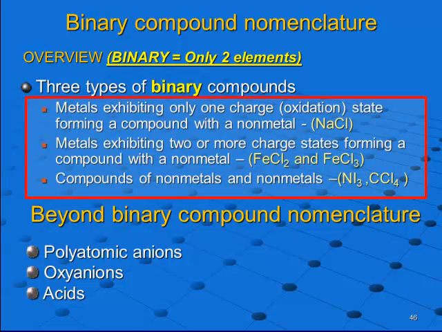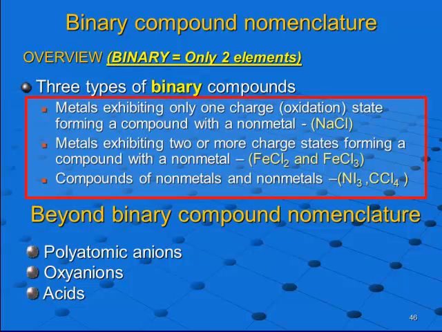So they're in one of three types. The metal will be a representative metal and therefore exhibit only one oxidation state, and that forms a compound with a nonmetal. That's the binary salt. And then the other one is a transition metal with a nonmetal. We've got to name those differently. And then the third type is a nonmetal with a nonmetal.